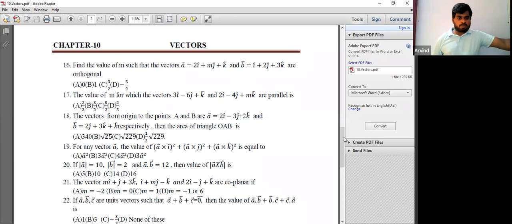So inverted, it is 2 by 3. Yeah, that's correct. 17th one is option A. That's correct. 2 by 3.